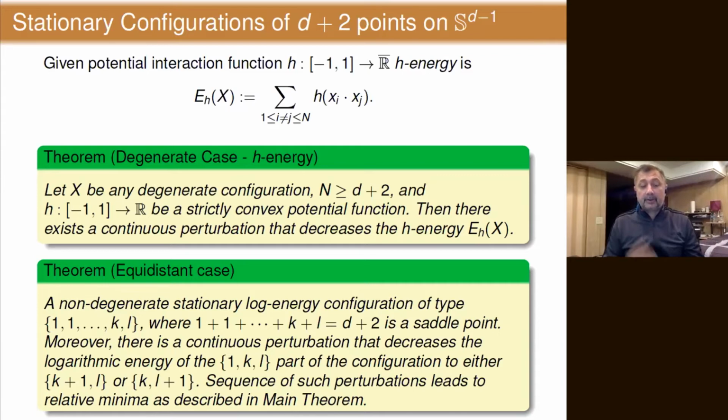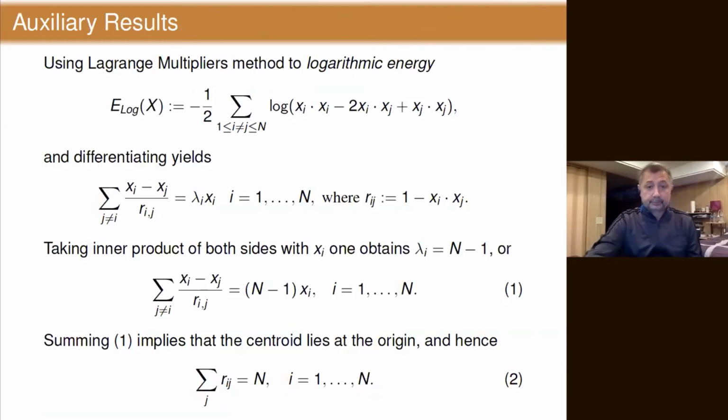Okay? Eventually, by perturbing from such a stationary configuration, one can get to the two simplexes, which is the next step. So what are the techniques? The technique is that for the logarithm, there is magic that happens.